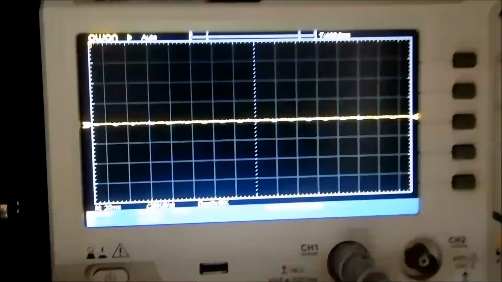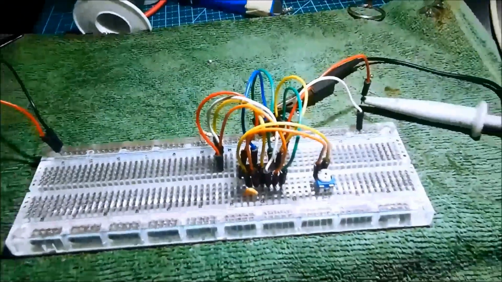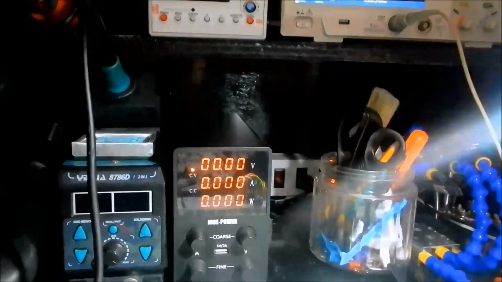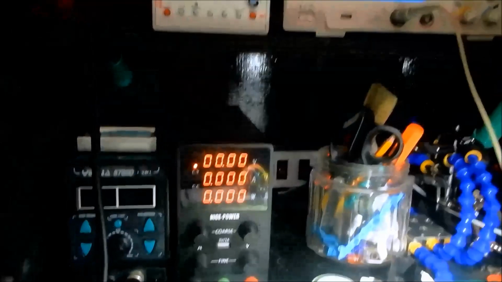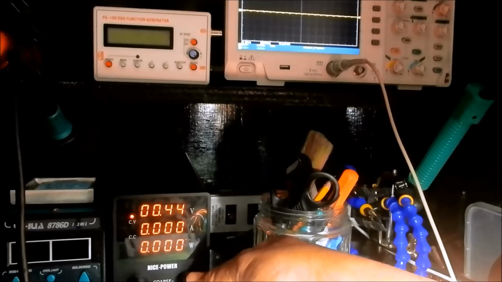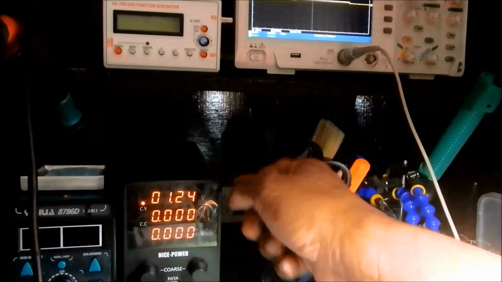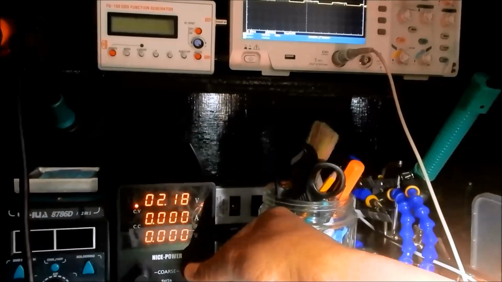And then for the oscilloscope, we have this oscilloscope. Let us adjust the voltage. Adjusting the voltage, we're using an adjustable power supply.